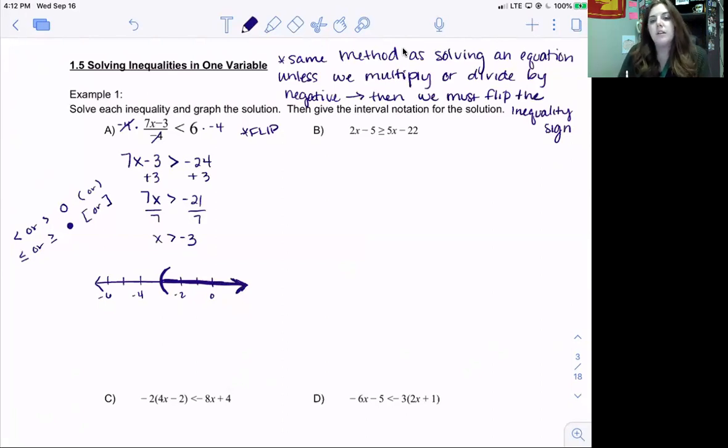Okay, and then another new concept is interval notation. With interval notation, we're going to match our graph. So we have a parenthesis at negative 3, and we're going to keep going. This arrow is going to keep going on our number line to our positive numbers, and they keep going all the way until positive infinity.